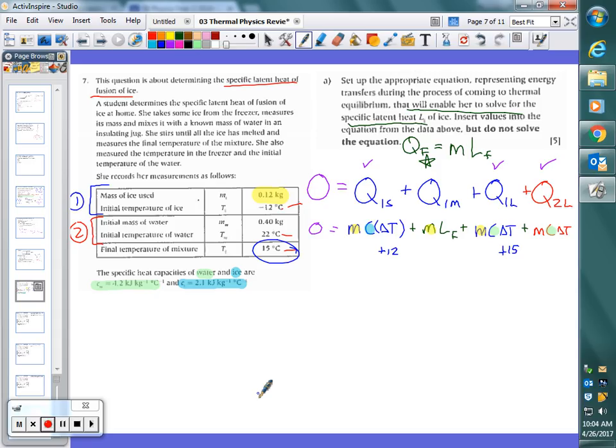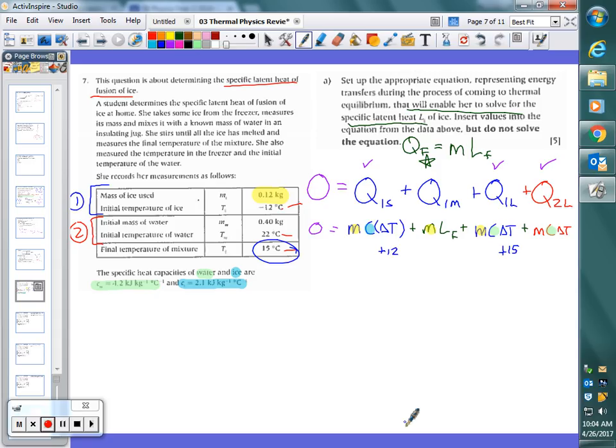In order to get the ice to melt, it has to be what temperature? 0 Celsius, right? Whenever we're doing delta something, it's always final minus initial. So the final temperature for this delta T is 0, because that's the ice heating up, and then minus 12.